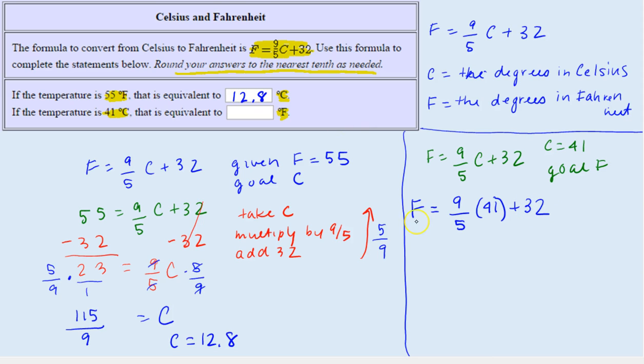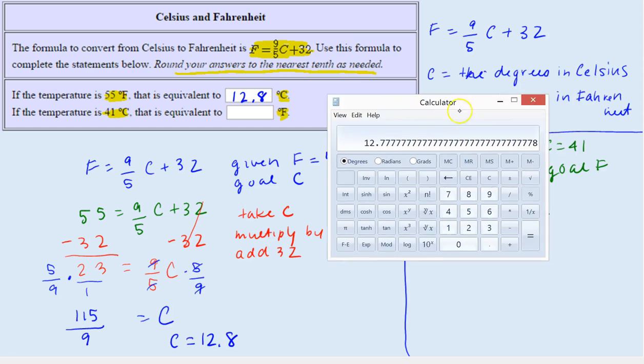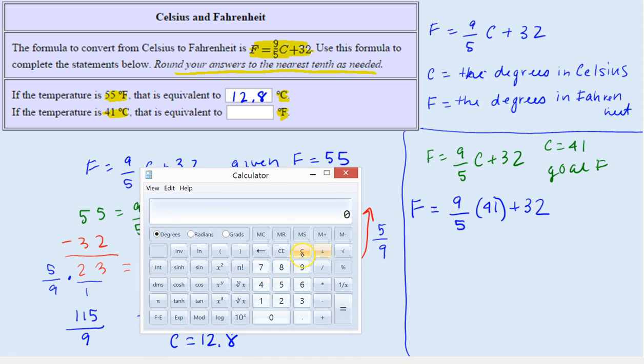Now, in this case, Fahrenheit is already isolated on the left-hand side, the F value that we're solving for, so we can just compute this. And I'm going to compute this right on the calculator in one step. So I have 9 divided by 5 times 41 plus 32.